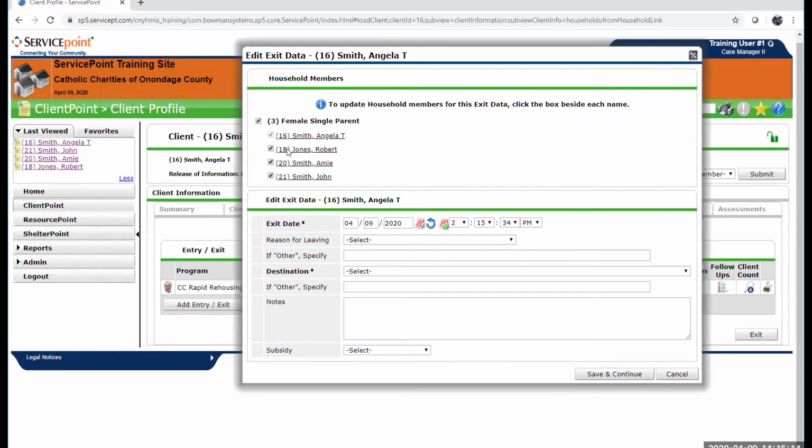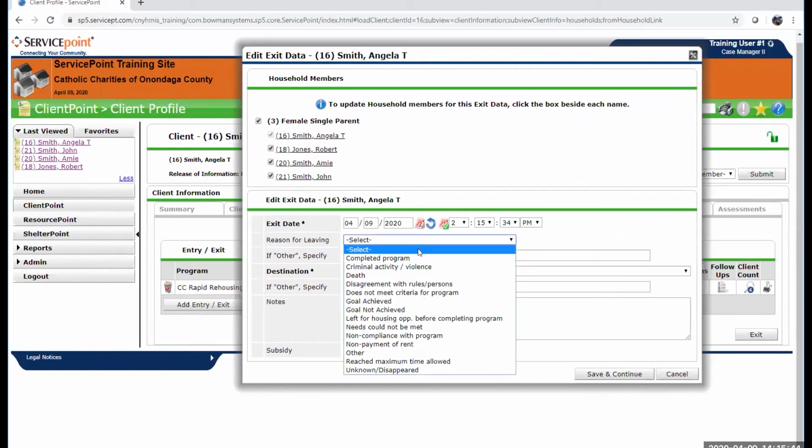So if we went into Robert's profile, for example, if we had just him selected and not anyone else, we could just exit him and not all other members of the household. For now, because everyone exited together, we're going to exit them all at the same time. So make sure, again, you have the exit date selected as the last date of service that was provided to this client.